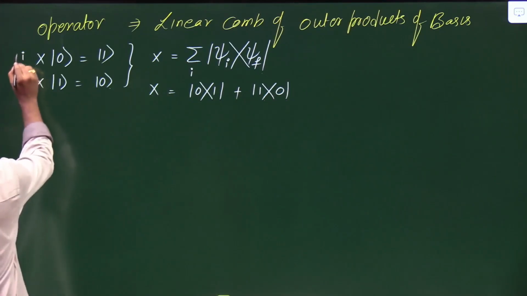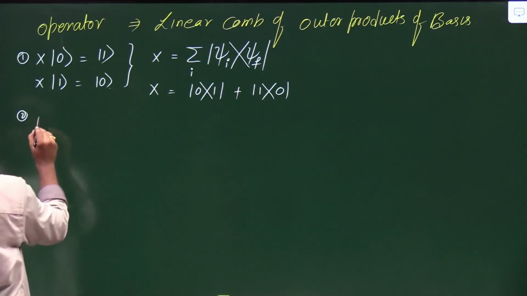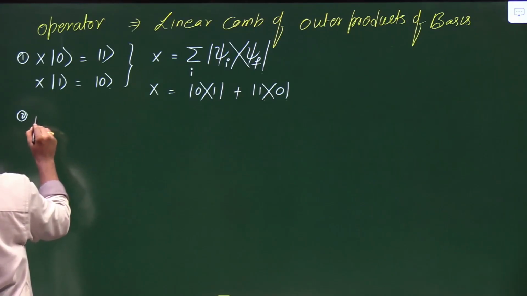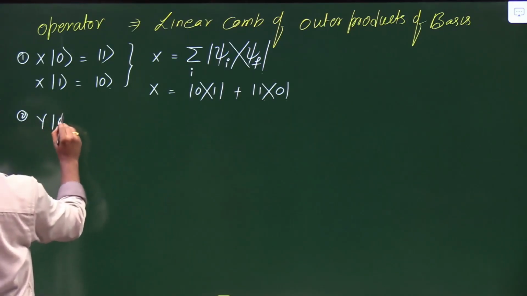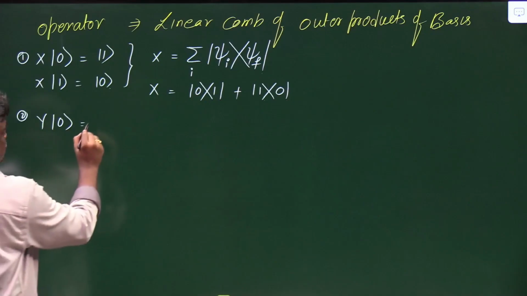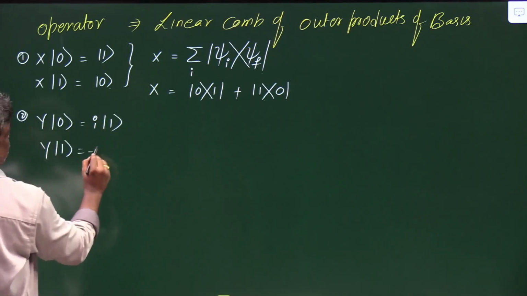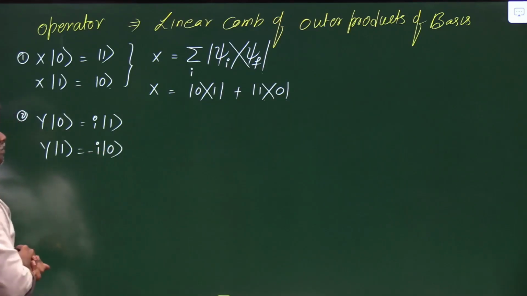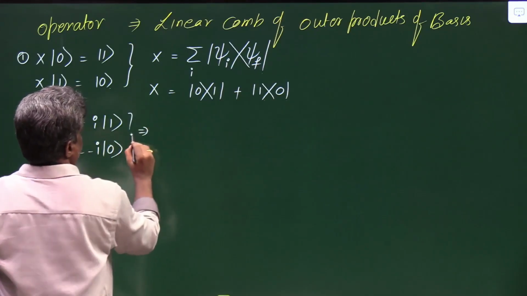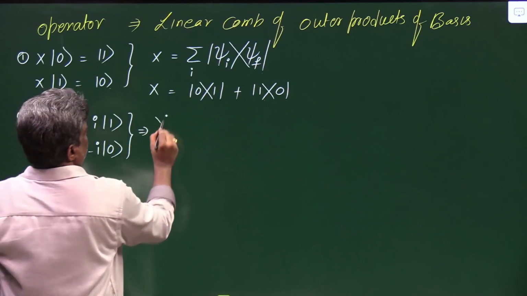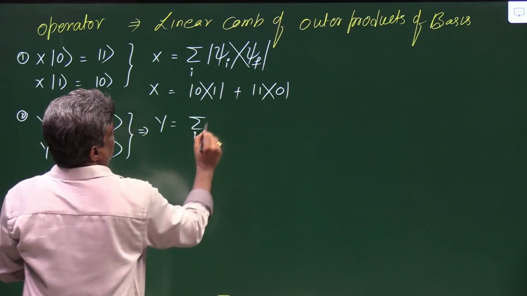And similarly, if you take Y, that means Y operates on 0, we will get iota 1, and Y operates on 1, you will get minus iota 0. Let us check the outer product form. It is simply a summation over i.